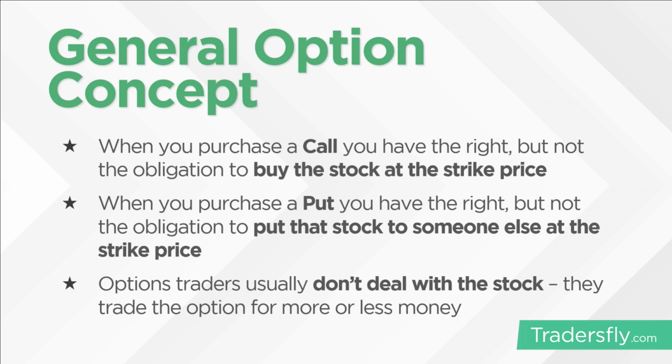Instead, what typically happens is the contract is just worth a lot more money at the time, right? So a call contract, if you buy a call, you're looking for a movement to the upside. If the stock goes up, that call contract is also worth more money. On the put side, you're looking for the stock or that equity to move down.